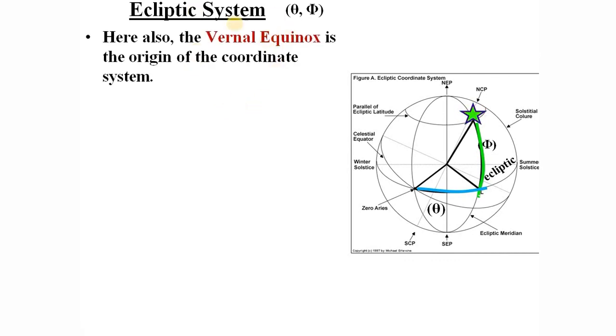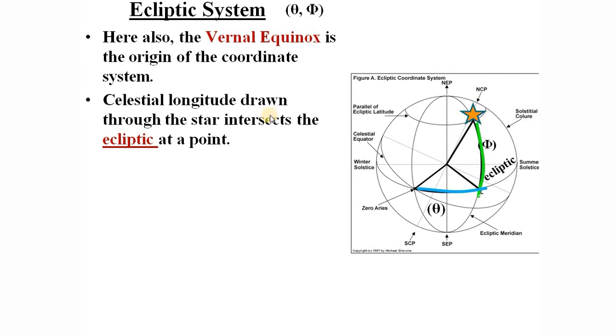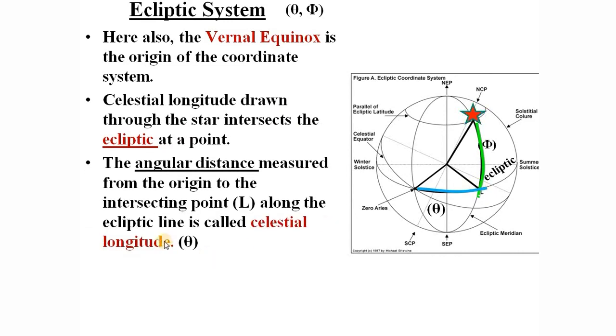Here also, the vernal equinox is the origin of the coordinate system. It's shown here. And the celestial longitude drawn to the star intersects the ecliptic at some point. The angular distance measured from the origin, the equinox point, to the intersecting point, shown as L, along the ecliptic plane, is called the celestial longitude.